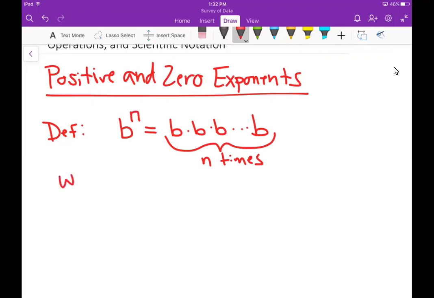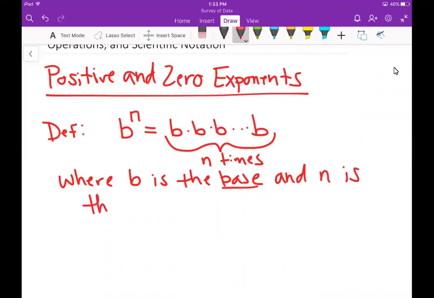Okay, where I've used a couple of words here that you'll want to remember, where b is the base, and n is the exponent. So two things to remember there. We've got a base and an exponent, and it's just repeated multiplication.